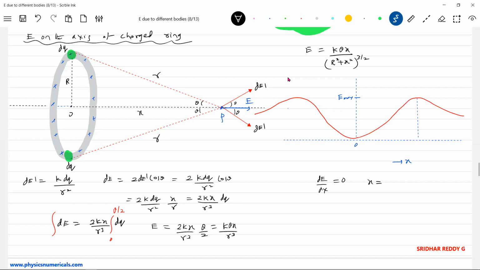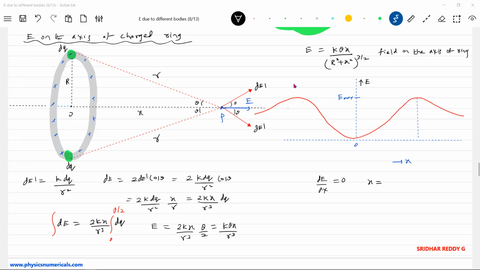Differentiate the field on the axis of the ring.